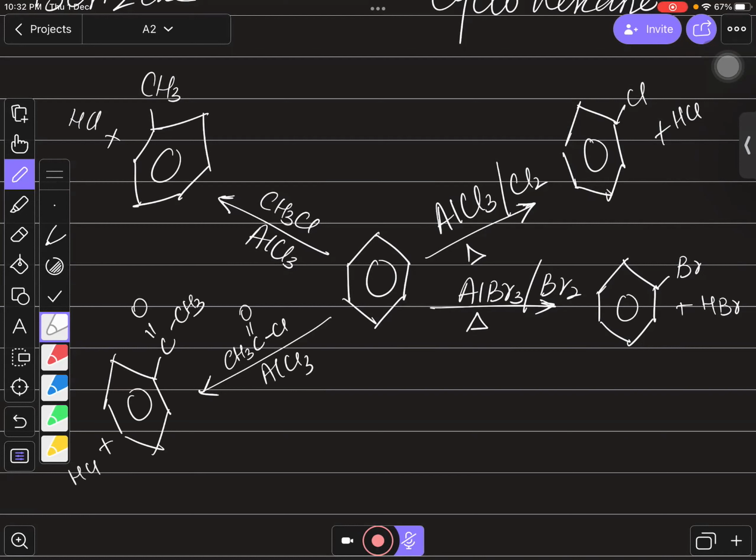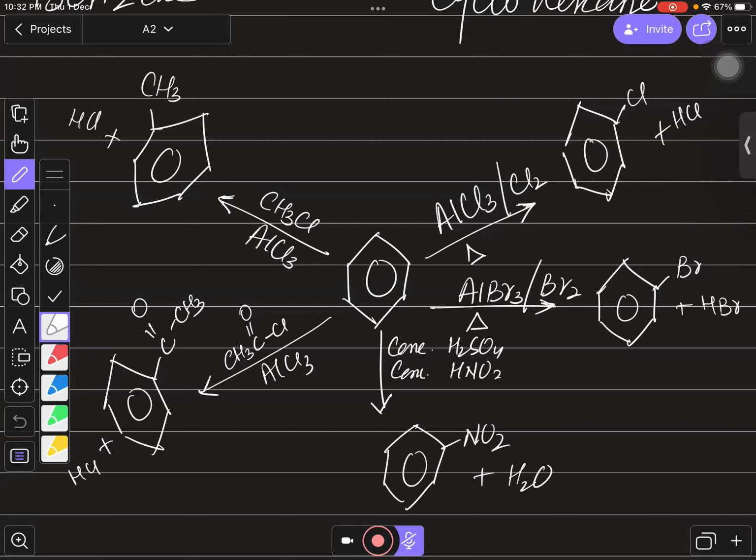And now two chemical properties that we learned in today's class: if you want to substitute NO2 on the benzene ring along with water molecule, for this we must have concentrated sulfuric acid along with concentrated nitric acid, and the temperature should be 50 to 55 degrees Celsius, right?